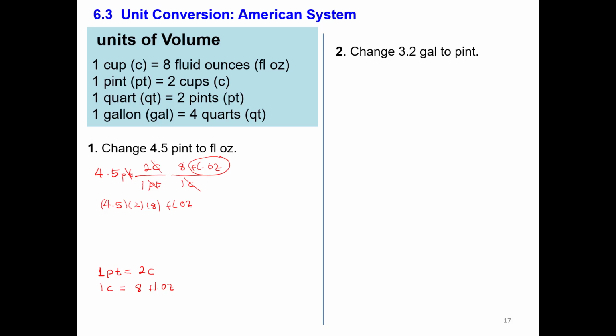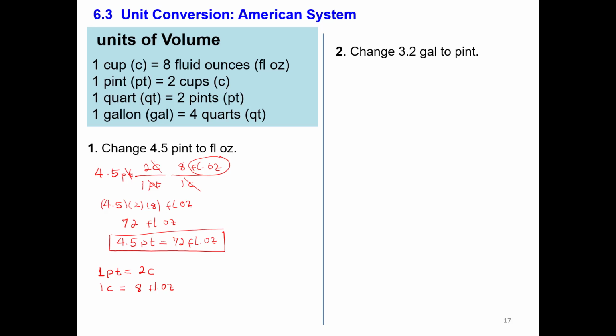If we multiply these numbers together, we have 72 fluid ounces. Now we can write the answer: 4.5 pints equal to 72 fluid ounces. And this is the final answer.